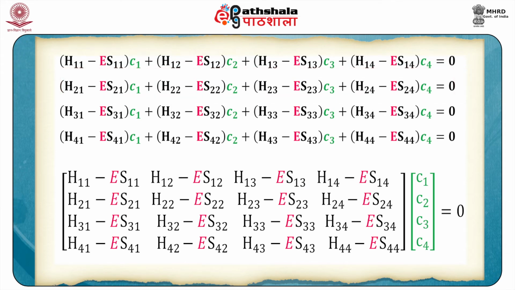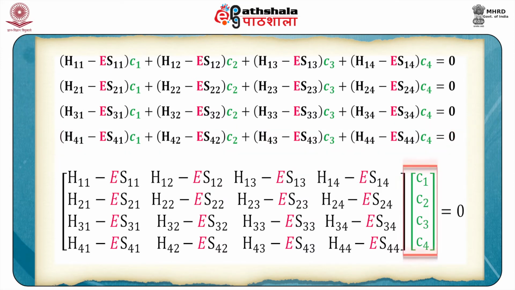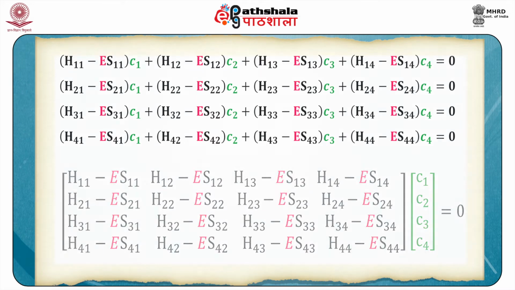The last row is H41 minus ES41 and the last term is H44 minus ES44. Then we have a column of C1, C2, C3, C4, and this is equal to 0. If you expand these, you will ultimately get 4 equations.